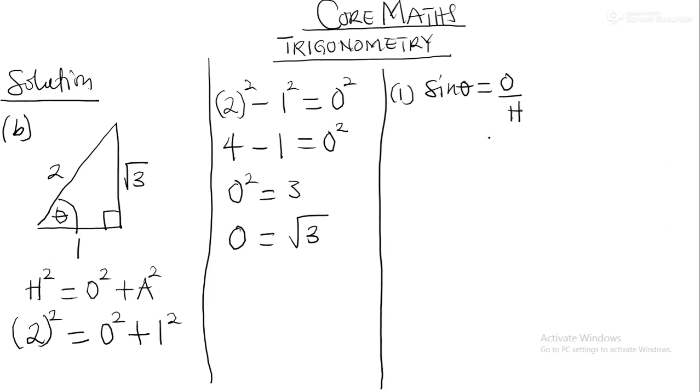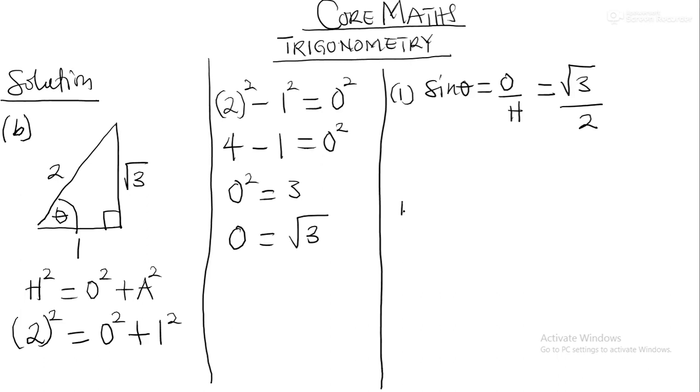Then let me continue here. So substituting, from the diagram, what's the opposite? So the opposite is root 3. So we write root 3 over, what's the hypotenuse? The hypotenuse is 2. So we write 2. So it means that sine theta is what? Root 3 over 2. I hope you get it.